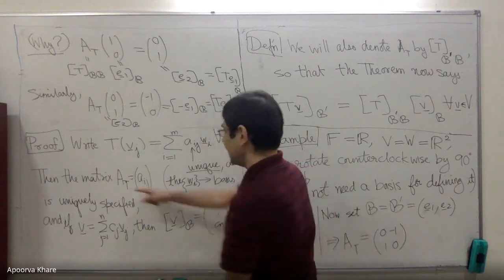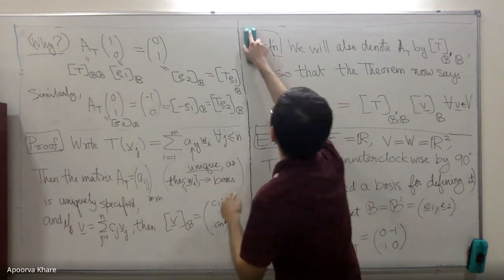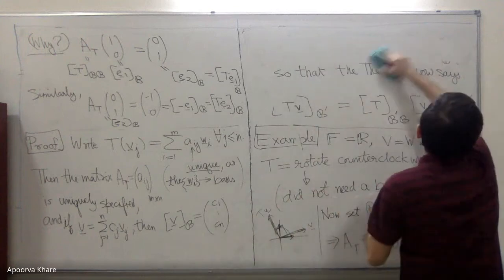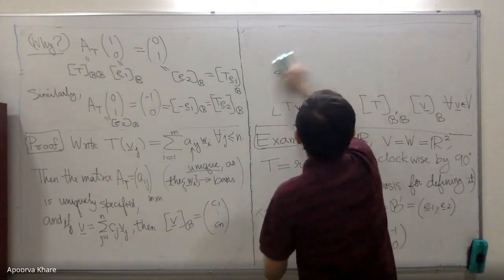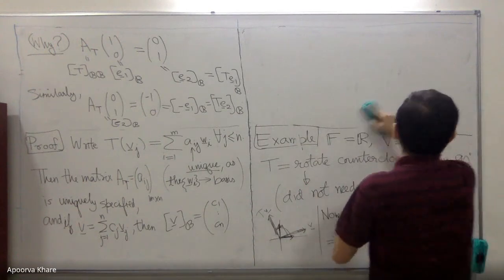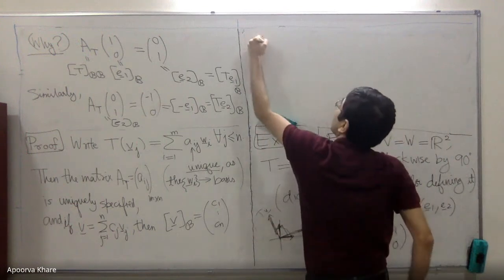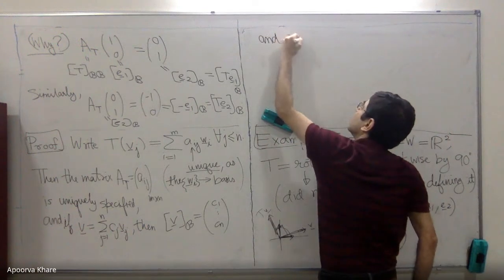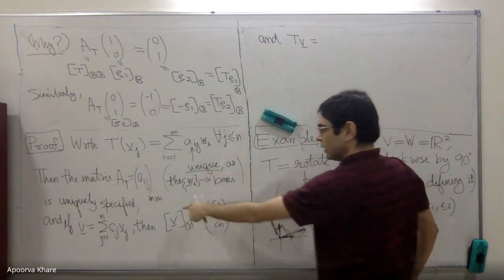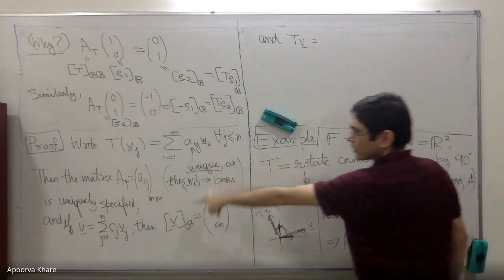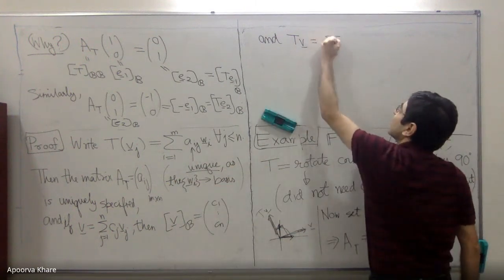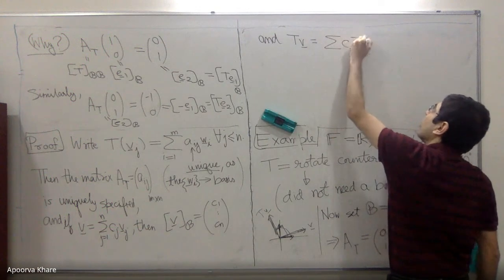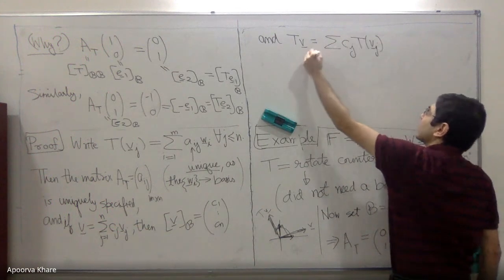We have A is this thing, fine. And now what is T of V? T of V is T applied to this linear combination. So first of all, it is summation Cj T of Vj, that's by linearity.